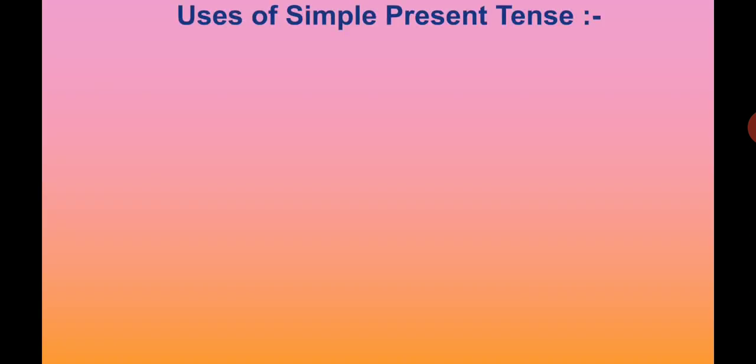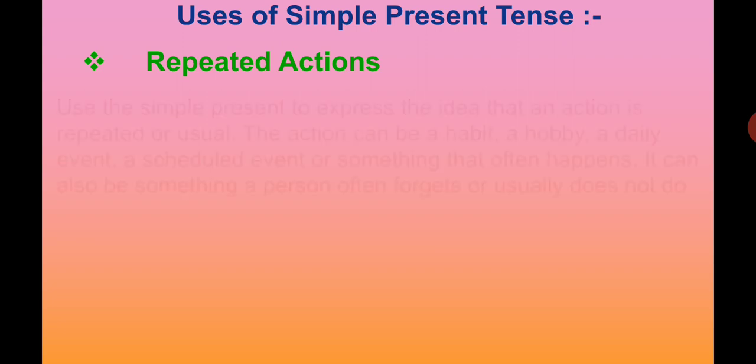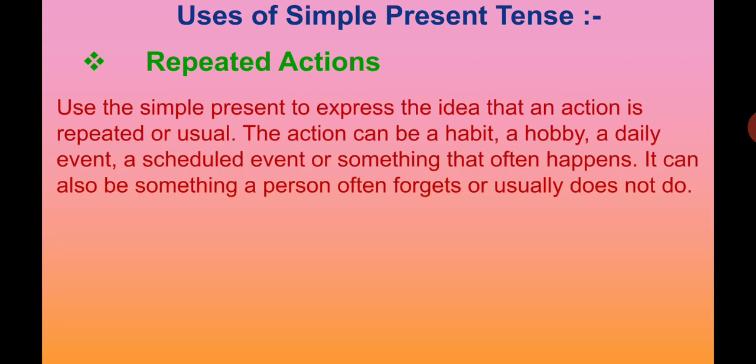Let's see where we can use simple present tense. These are all the topics we learnt in our previous lecture. We just focus on them. After then we will start today's topic. First is repeated actions, the actions which we repeat continuously or regularly or daily. We use the simple present tense to express the idea that an action is repeated or usual.